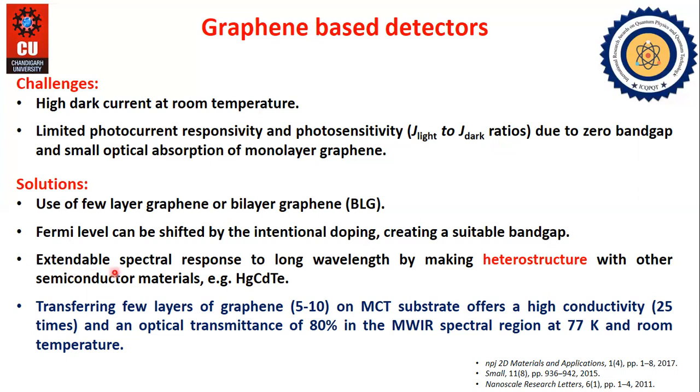Another approach is extending the spectral response to long wavelengths by making a heterostructure with other semiconductor materials such as mercury cadmium telluride. It has already been demonstrated that transferring a few layers of graphene onto a mercury cadmium telluride substrate offers a conductivity 25 times that of the conventional one, and an optical transmittance of 80% in the mid wavelength spectral region at cryogenic and room temperature.